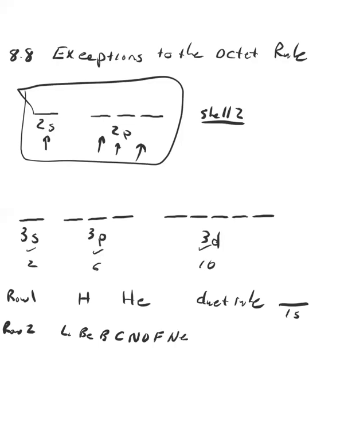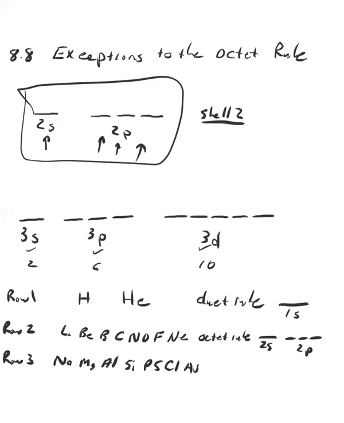Here we're in the 2nd shell, octet rule, because it's 2s, 2p, which gives you 8 electrons maximum. That's why we have octet. But when we get to the 3rd row, sodium, magnesium, aluminum, silicon, phosphorus, sulfur, chlorine and argon, it's really the 18 electron rule, which is 3s, 3p, 3d.